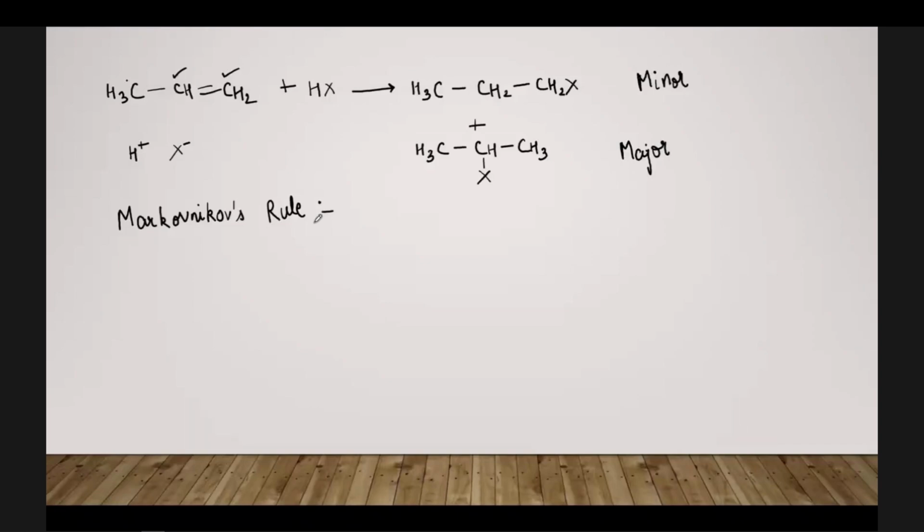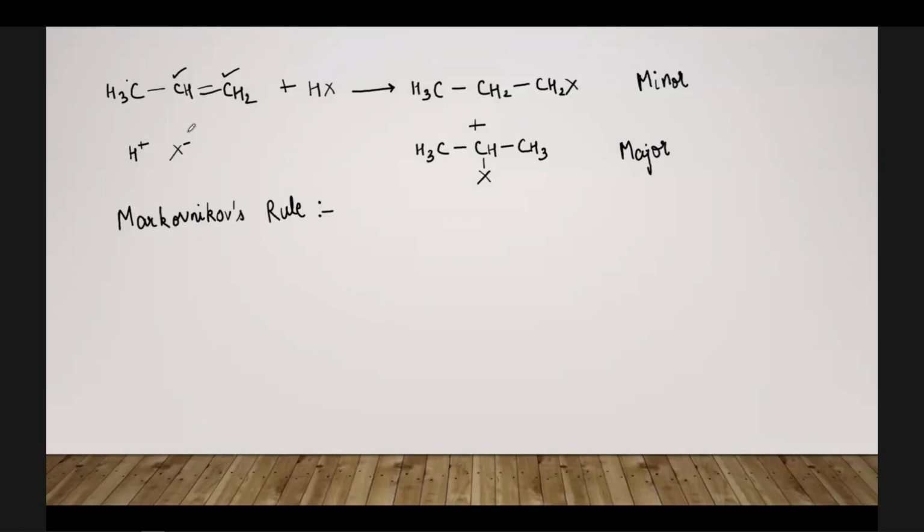What this rule says, we will discuss it in detail, is that whenever a protic acid is added to an asymmetric alkene, the protic acid being this HX, and asymmetric meaning there is no symmetry. If there is symmetry, then there is no choice, and H and X can attach anywhere without making any difference.